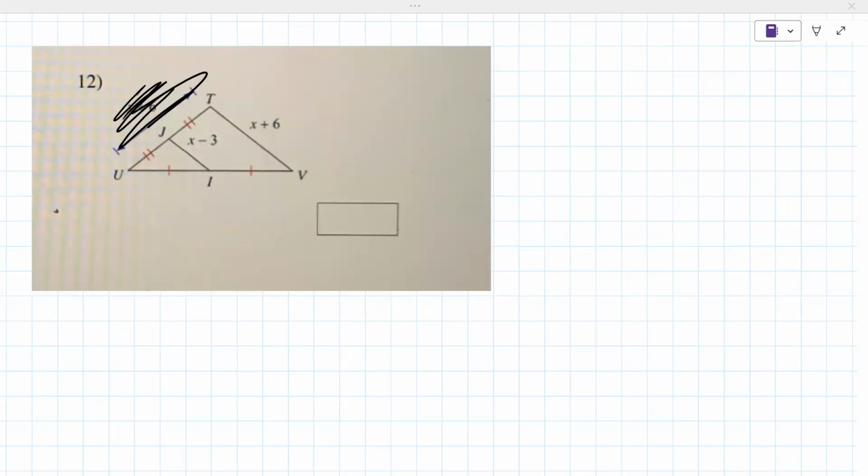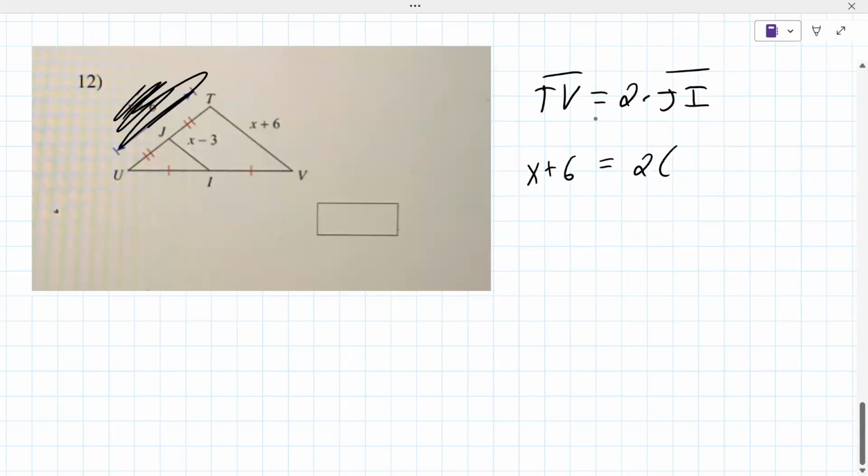Got x equals -15. Great. Did you write PV equals 2 times JI? Yeah. I hear a little hesitation there. Oh wait. Oh no, I did it wrong.